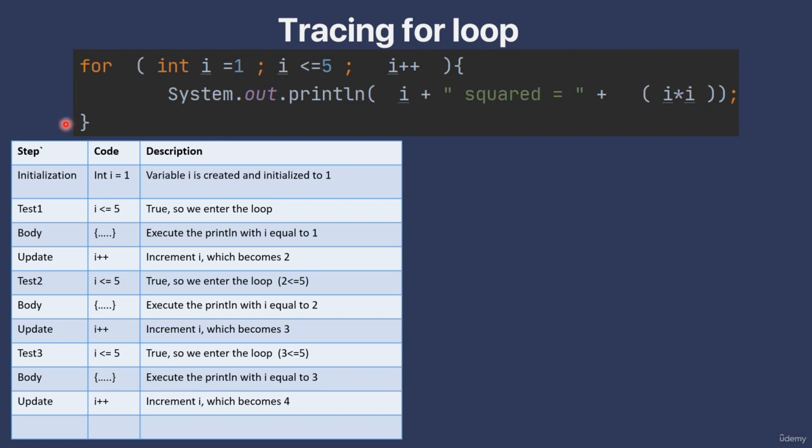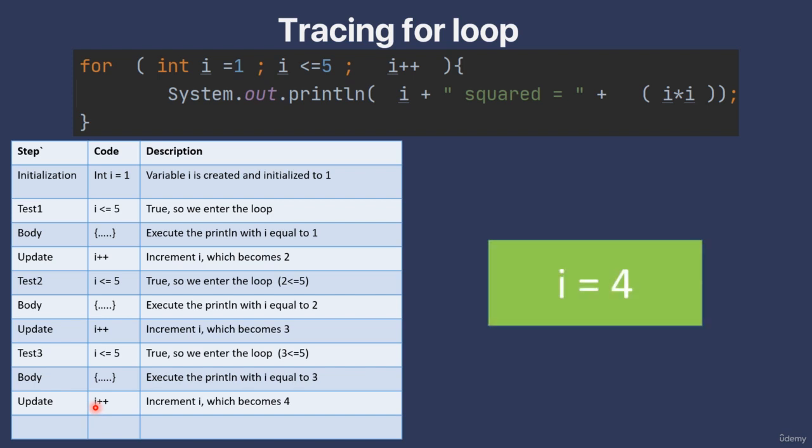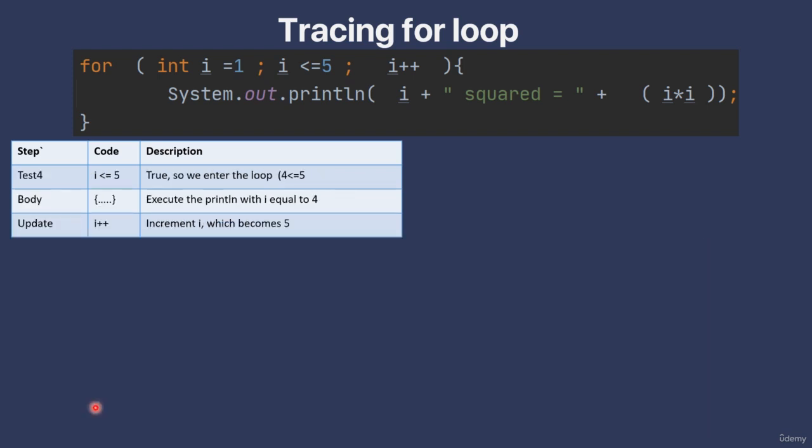Is there anything else in the loop? No. It will come to here and execute the update. So it was 3. Increment I, which becomes 4. Again, guys, let's continue with the looping. So test 4, I less than or equal to 5.